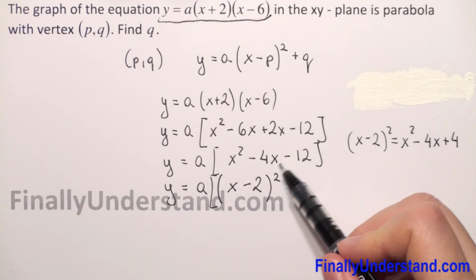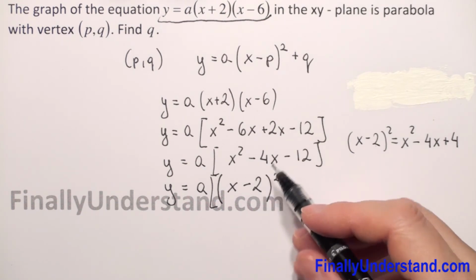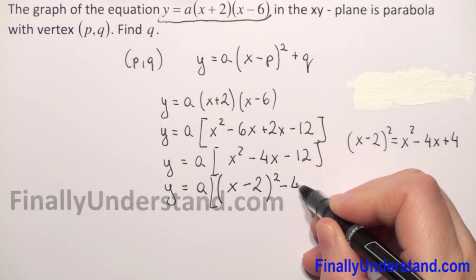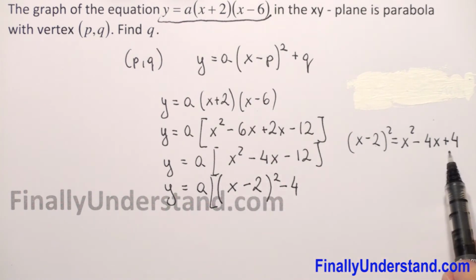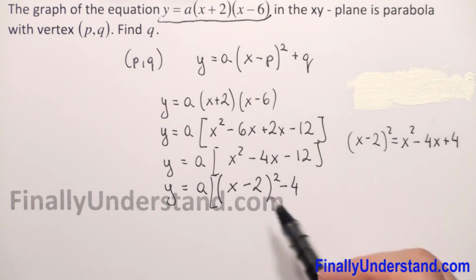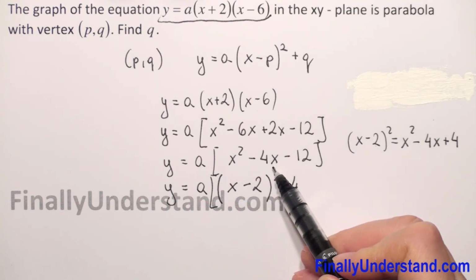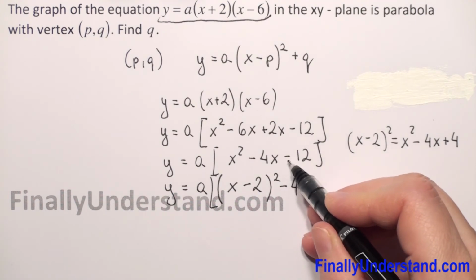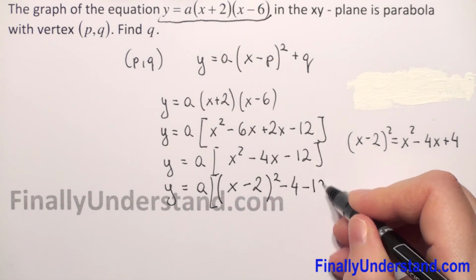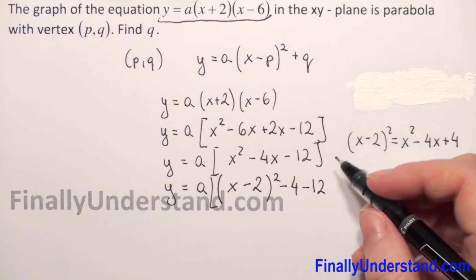But we don't have plus 4 here. So what we will do, we will subtract this 4. So now, when from this expression we subtract 4, we don't have this last 4. We have only x squared minus 4x. So everything is correct. And we also have to subtract 12. We copy the negative 12.